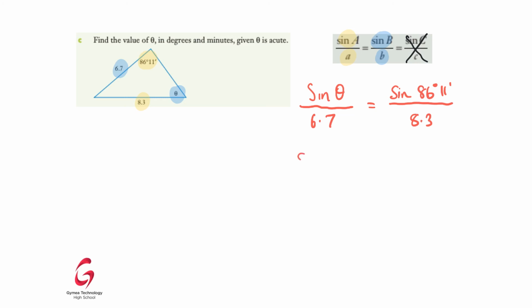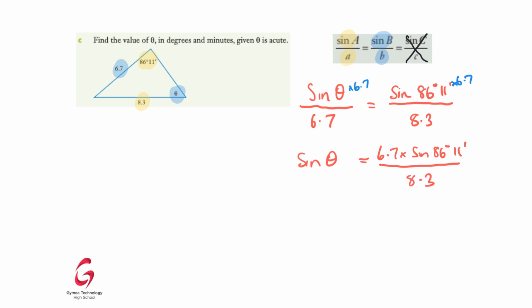We want to isolate sine theta in the next line of working, so we are going to have to multiply both sides by 6.7. This will leave us with 6.7 lots of sine 86 degrees 11 minutes over 8.3.